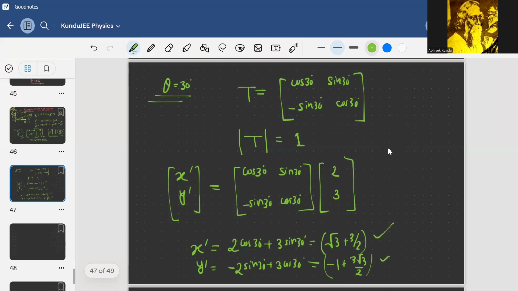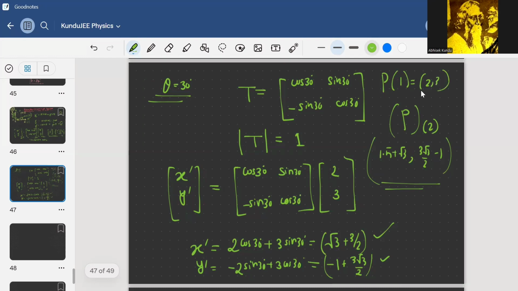So the new coordinate is going to be 1.5 plus root 3, comma 3 root 3 by 2 minus 1. This is going to be the coordinate of the same point P with respect to the new coordinate system. With respect to the old coordinate system, it was 2, 3.